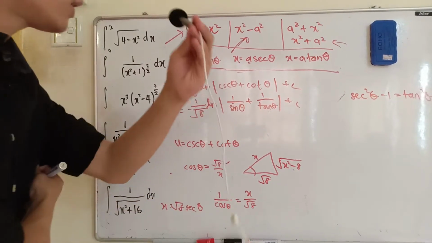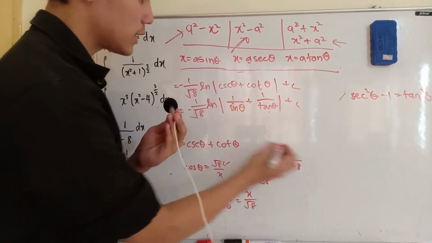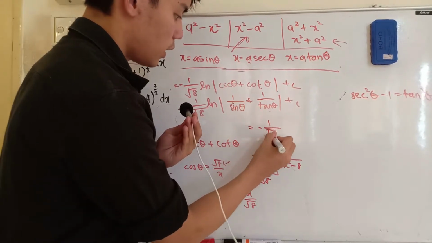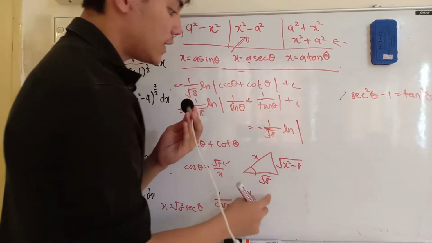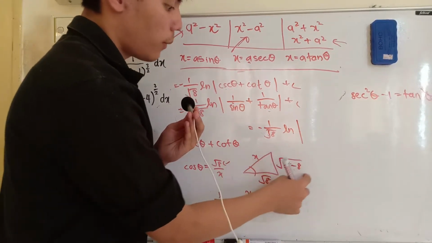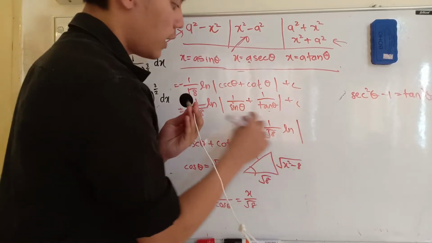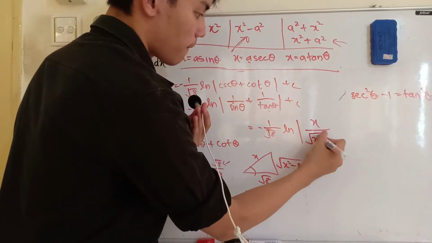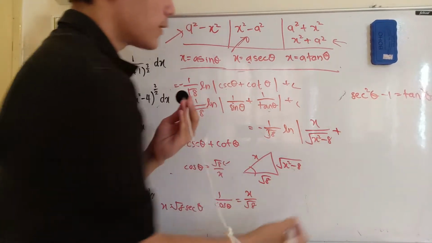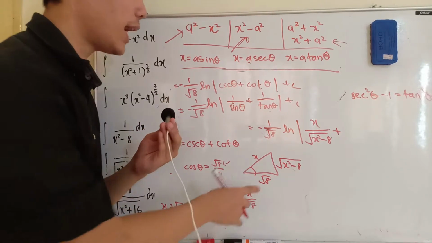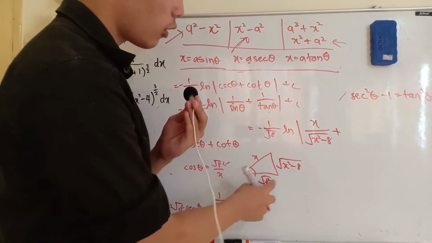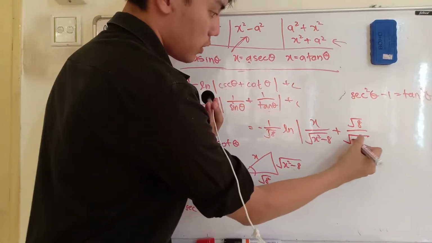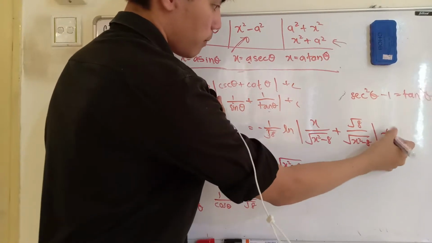Now you want your sine. I'm just going to copy it back. 8 ln, which is your sine, is opposite over hypotenuse, but this one is 1 over, so hypotenuse over opposite. Plus your tangent is opposite over adjacent, but 1 over tangent, so adjacent over opposite, minus 8.